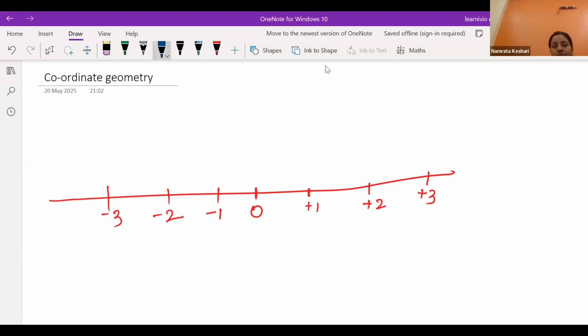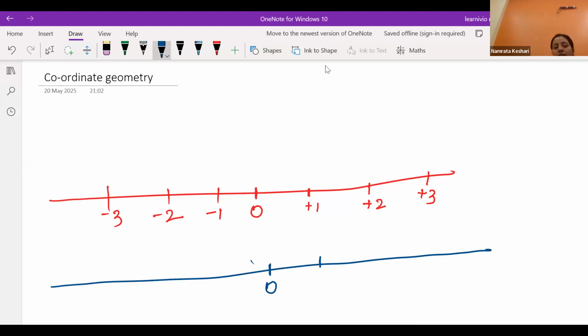Then suppose I am taking one more number line. Here 0 will be there. Then the same number line I am taking, that means I am taking two number lines. Now what I'll do, I'll take both the number lines and arrange them in this manner.